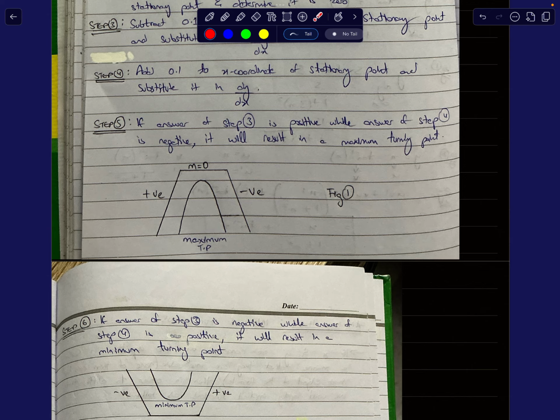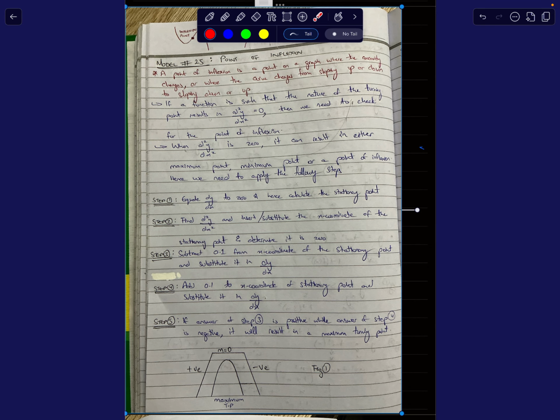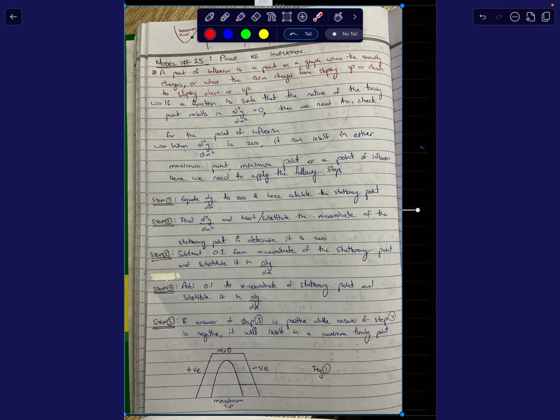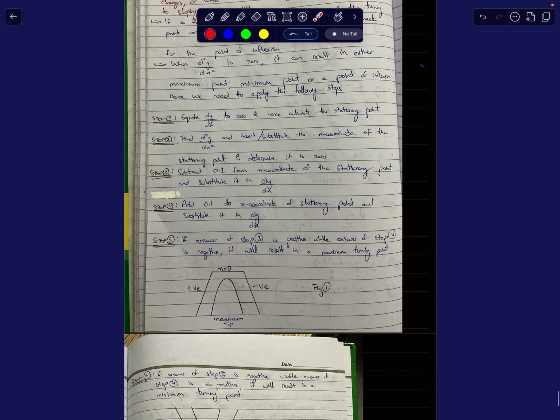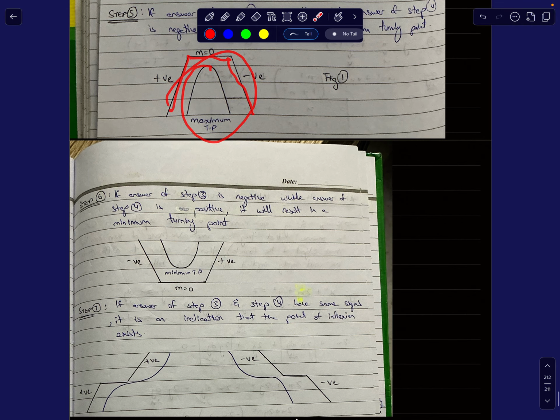Then, if the answer of step 3, that is before the stationary point, is positive, that is, the curve looks something like this. The gradient is 0 at the stationary point, and immediately after the stationary point it's negative. That means a maximum point exists.